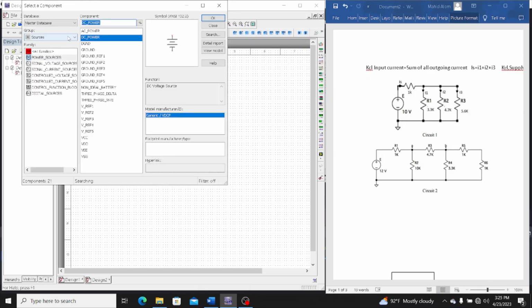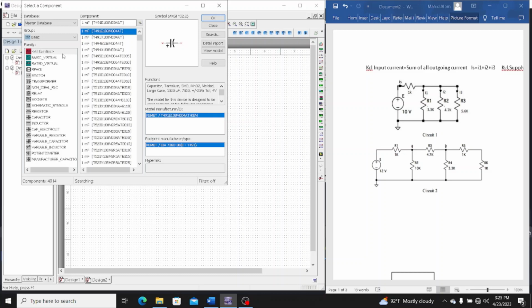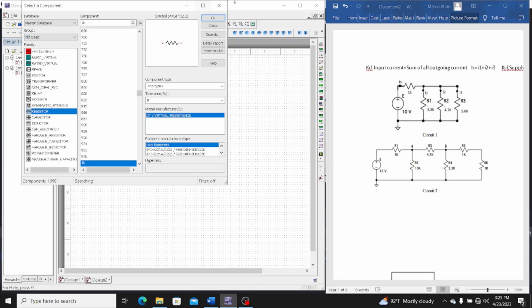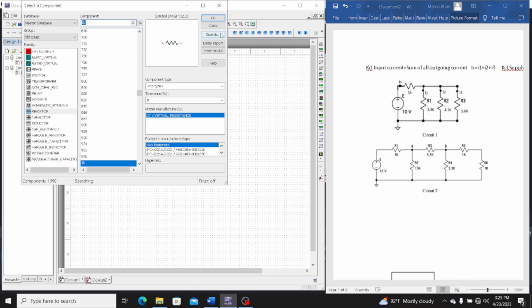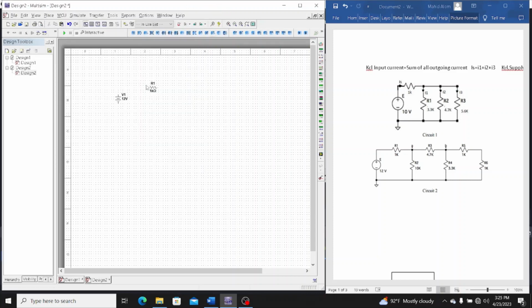Then we need to take some resistors, and we must go to Basic, then Resistor. I'm going to take one resistor, then copy it and just paste it.